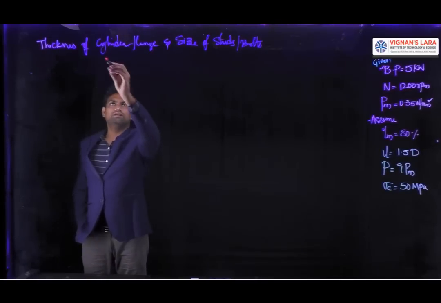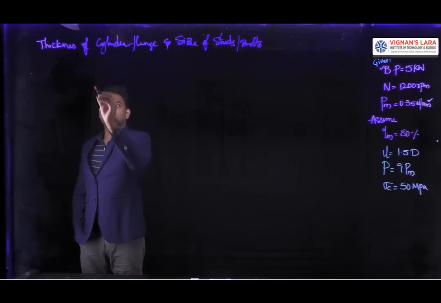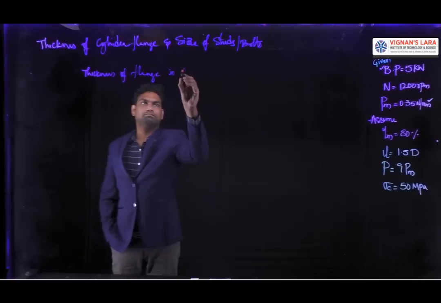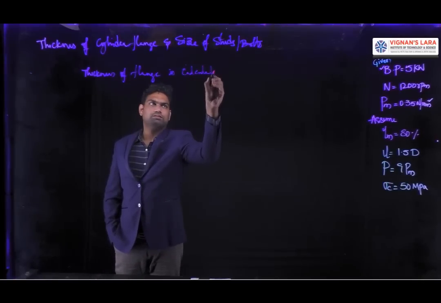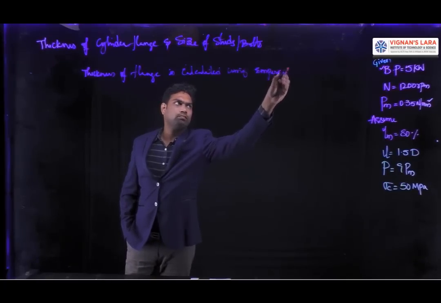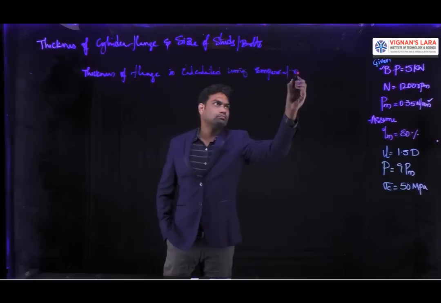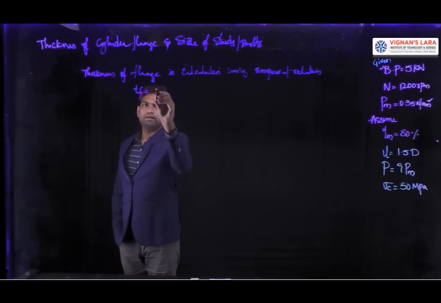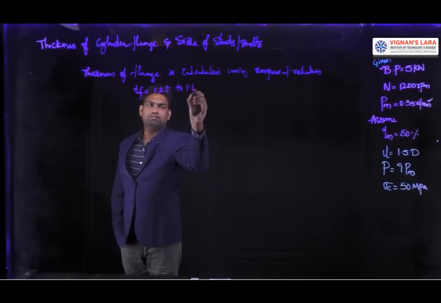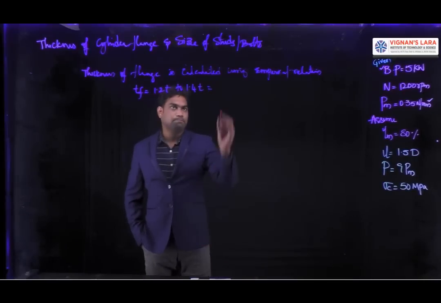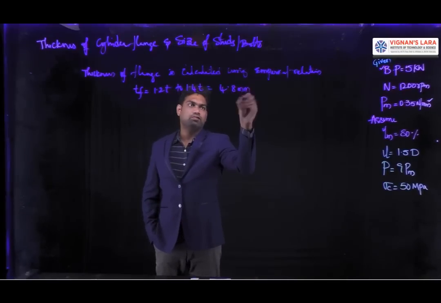So the thickness of cylinder flange is calculated using an empirical relation. So that is TF is given by ranging from 1.2 T to 1.4 times T. So I can take 1.2 T, and the thickness of flange is given by 1.4 mm. So you can calculate it.